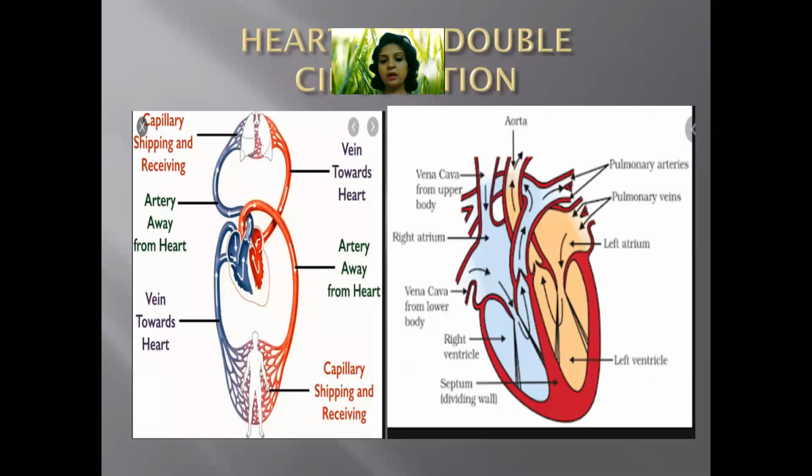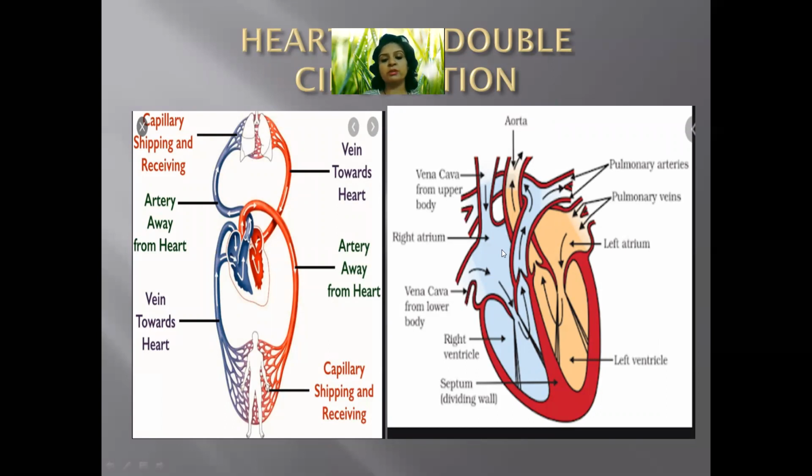If we see now, this is how our heart is. You can see these are the veins, the arrow coming here. You can see the veins pouring the blood into the first chamber. Now the vena cava from the lower body and the vena cava from the upper body are pouring the blood into the right atrium.